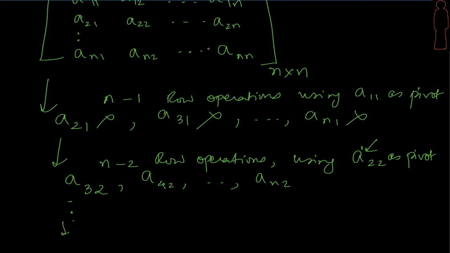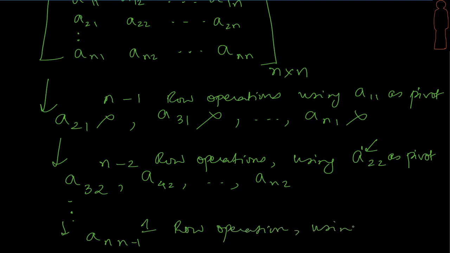And what should be the element that must go to 0? That must be the nth row, n minus 1 column value, right? So the last one will simply be a_n,n-1. That is the one we must eliminate, and that just needs one row operation.